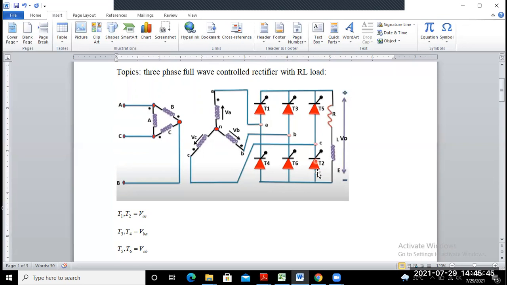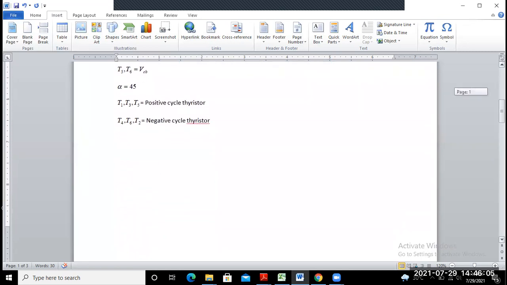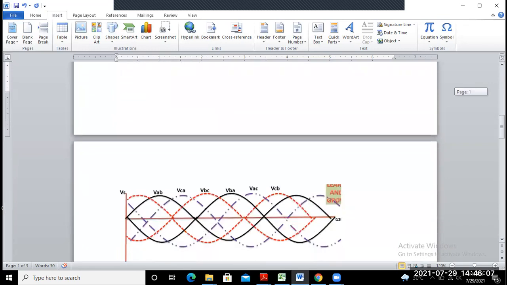First of all, let's see the waveform of the three phase supply voltage, that means VA, VB, and VC. We also draw the line voltages VAB, VAC, VBA. This black line is your VAB, the supply source voltage.